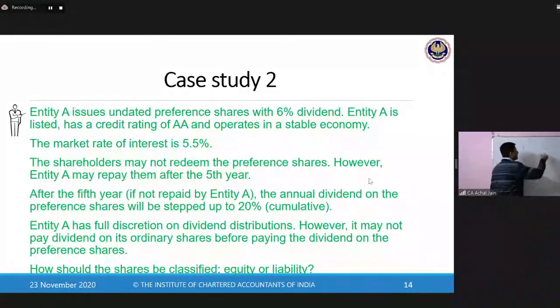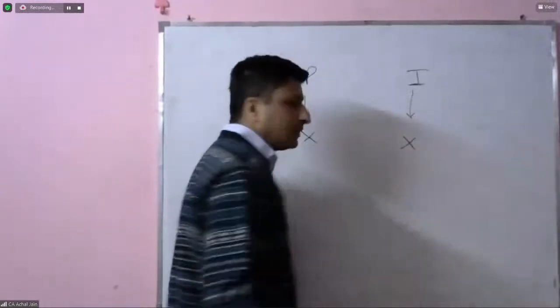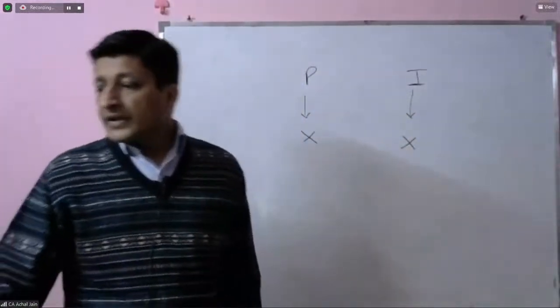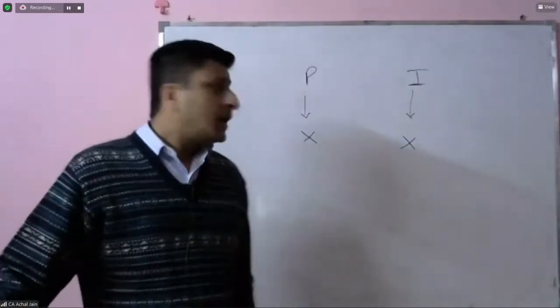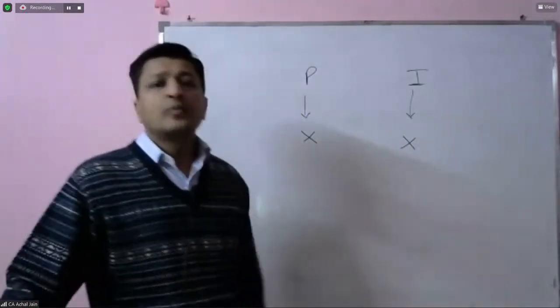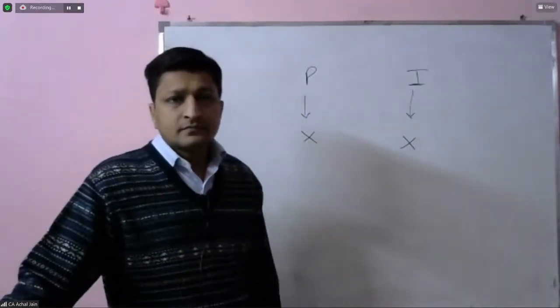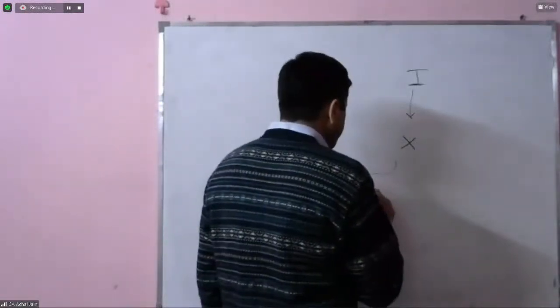So that's why, what will it become? That's why it will become again sort of equity. Yeah, Vaibhavi has the same answer. Now, because both these components can be avoided to be paid, that's why, what will you call it as? Equity.